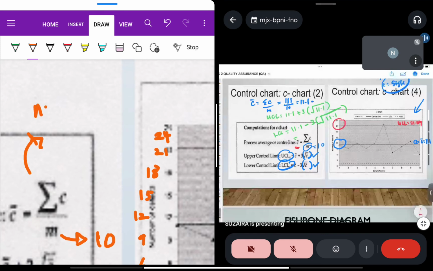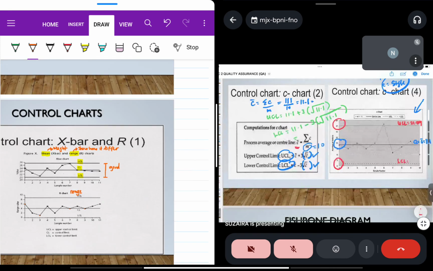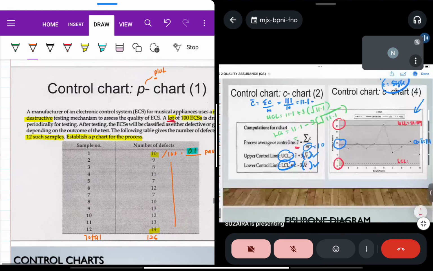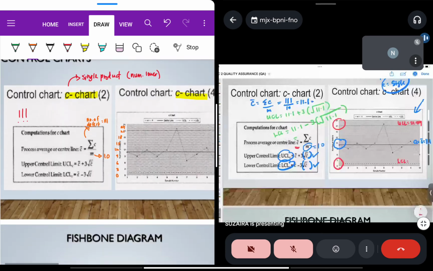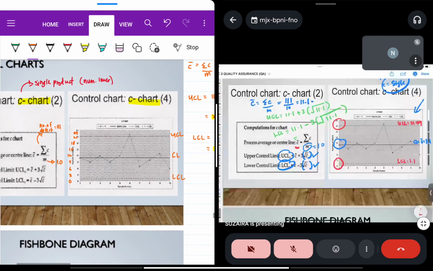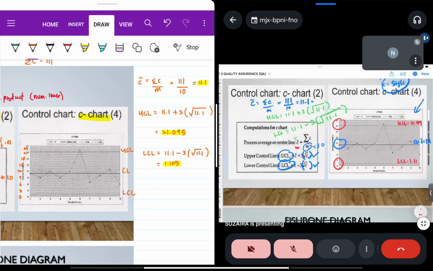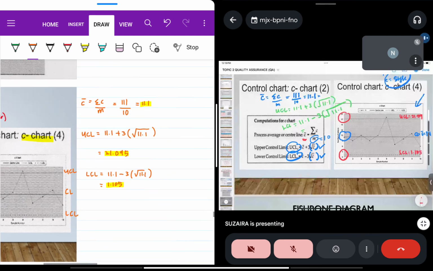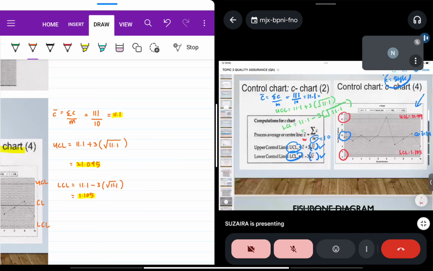And the LCL is equal to 1.105. Is that right? Does everyone get it?